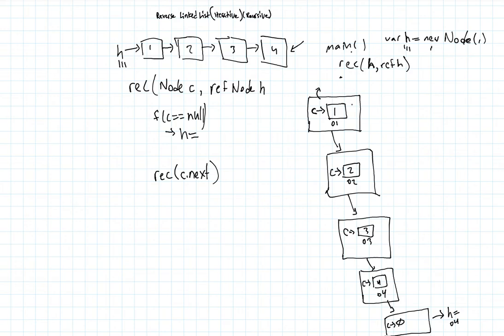So like, let's say here the previous node is null, but then here the previous node is 01, and here the previous node is 02, here 03, and here 04. How to accomplish it?